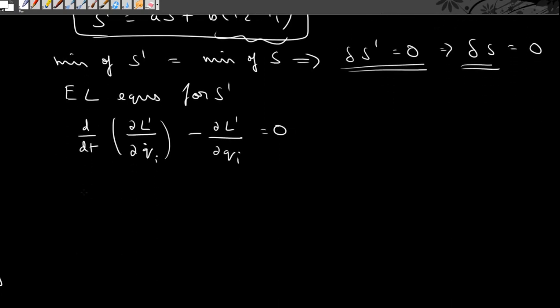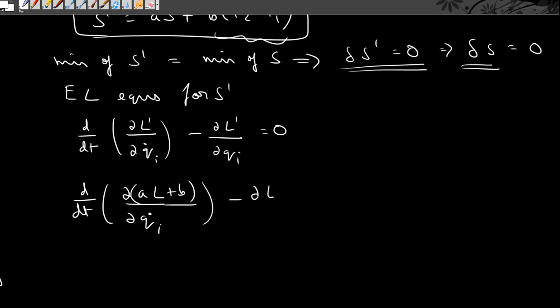So this is nothing but d by dt of ∂(A L plus B) by ∂q_i dot, minus ∂(A L plus B) by ∂q_i, equal to 0.